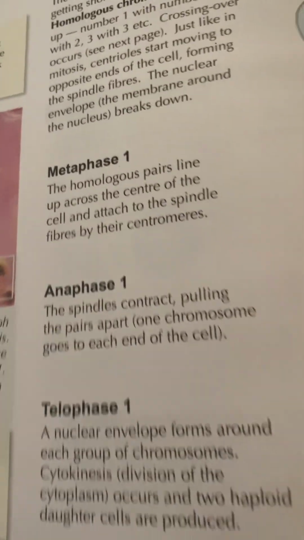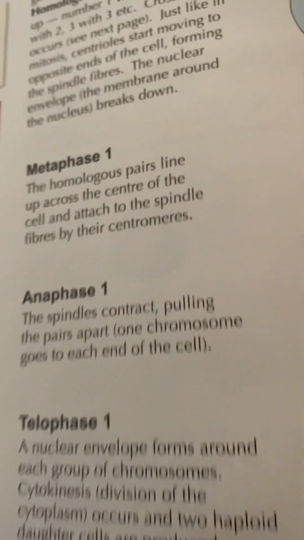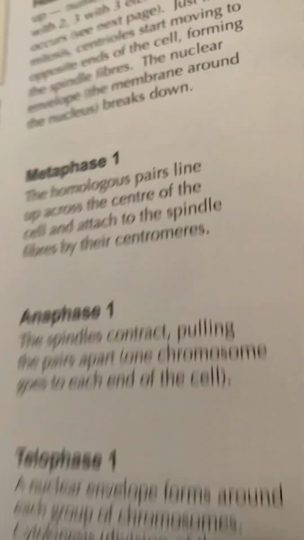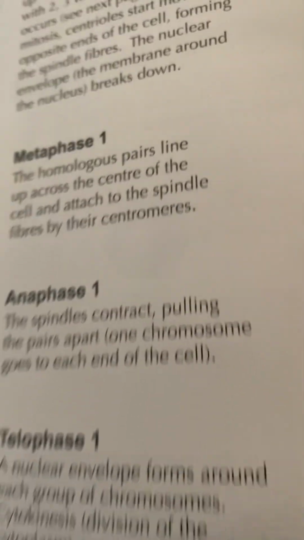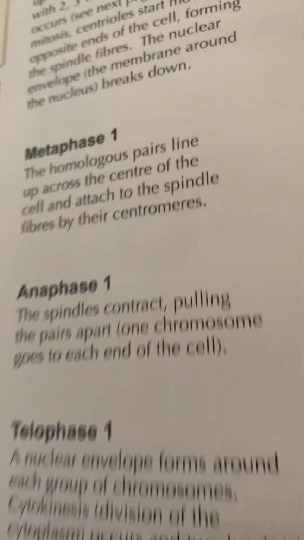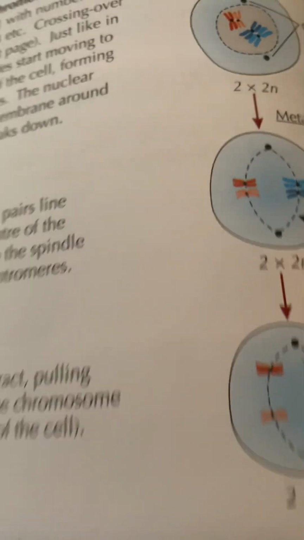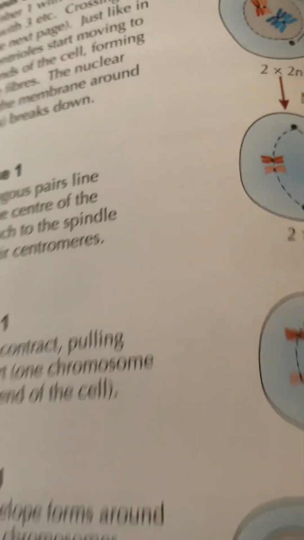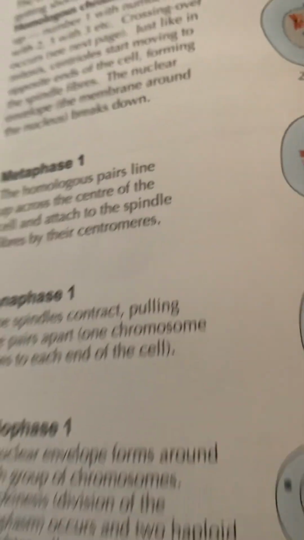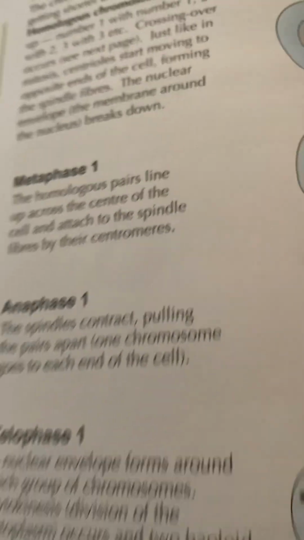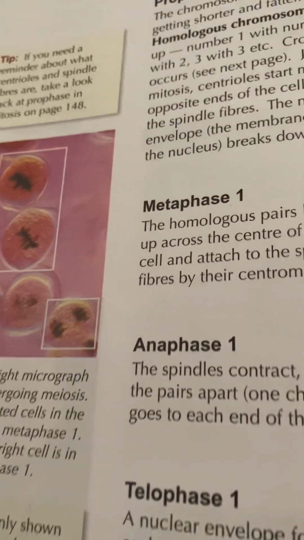The chromatids still contain the same genes but now have a different combination of alleles. The crossing over of chromatids in meiosis 1 means that each of the 4 daughter cells formed from meiosis 2 contains chromatids with different alleles.